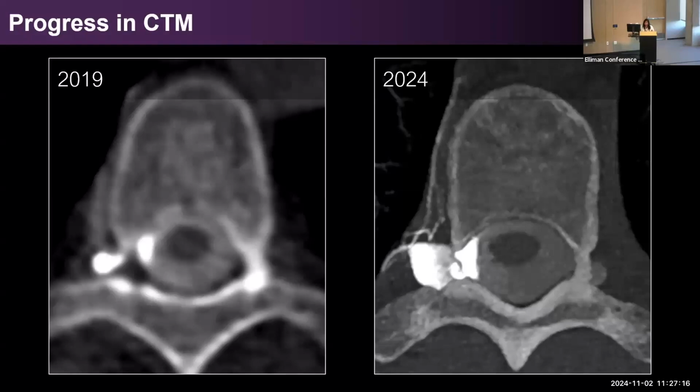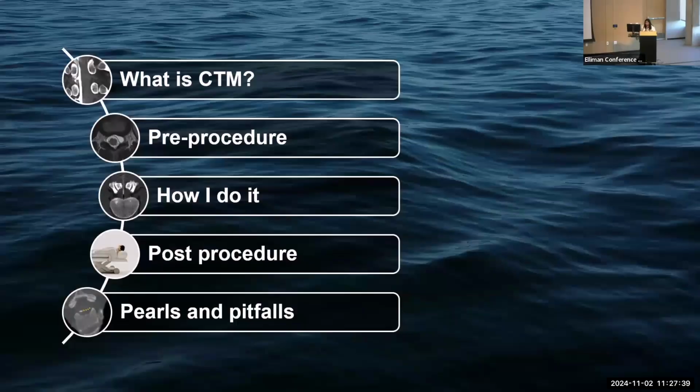And that's important because CTM, just like DSM, is an operator-dependent technique. Training, experience, and an understanding of the different types of leaks matters. And these can be difficult procedures to conduct successfully. And importantly, patients and operators may have had multiple bad past experiences. So it's important to really bear that in mind when we have our patients in front of us.